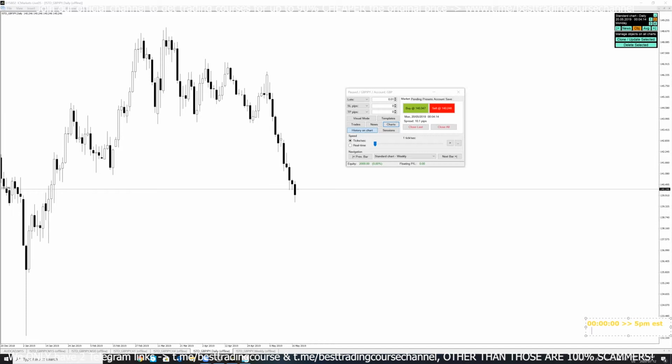You have 1000 hours, which is 3 a.m. Eastern, which is London Open. And then you have my favorite. My favorite is going to be 1330 hours, which is the pre-NY, around 6:30 a.m. Eastern. So looking at these times is really important.